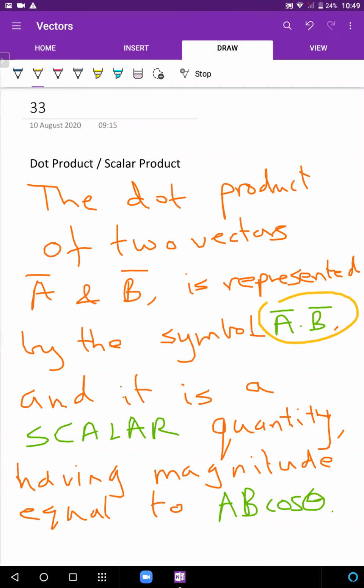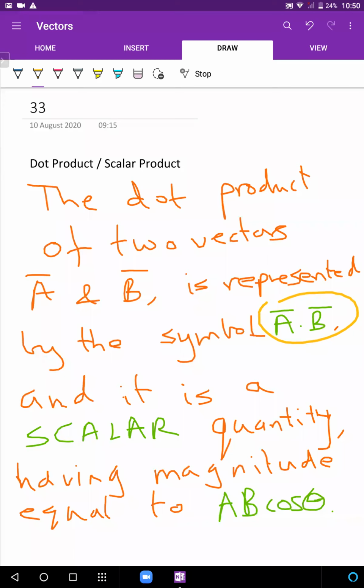It is two vectors combining, but it is a combination which gives us a scalar. Like you'll see later on, the many such physical quantities. Force and displacement are two quantities which seem to combine to give us work, but force and displacement were vectors and work is a scalar.